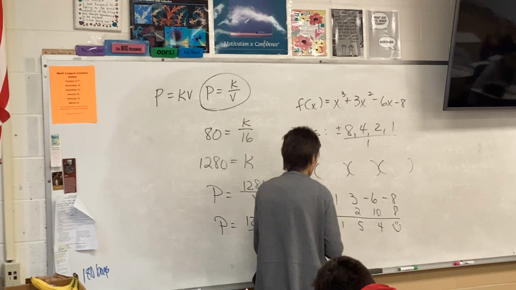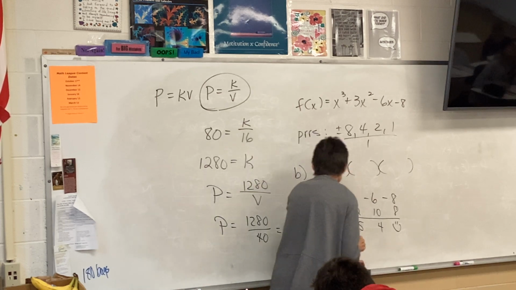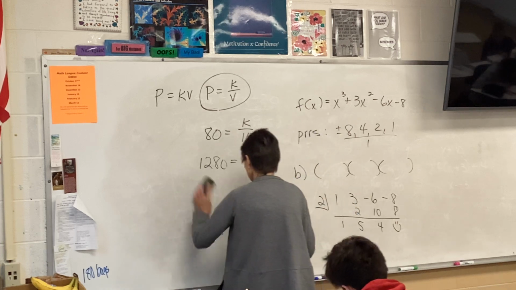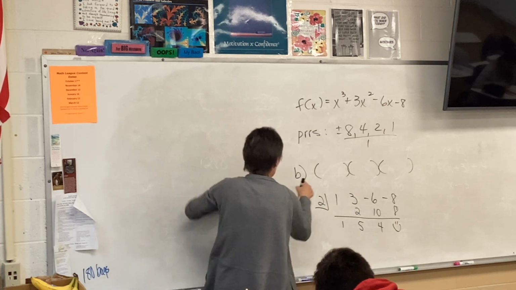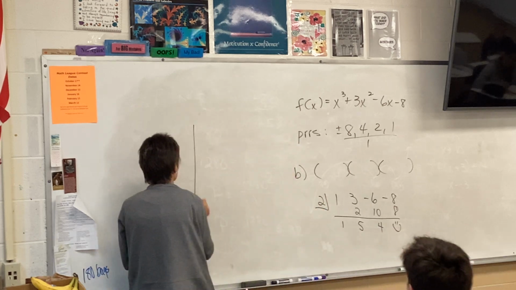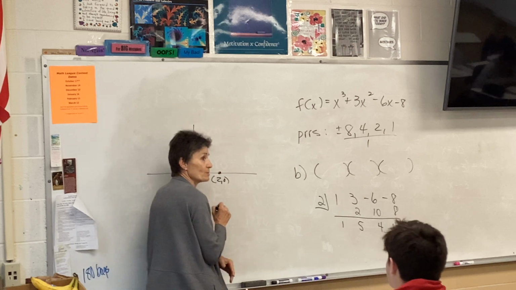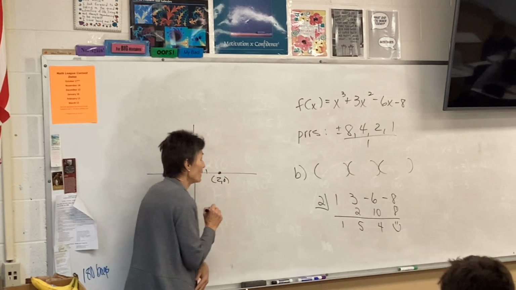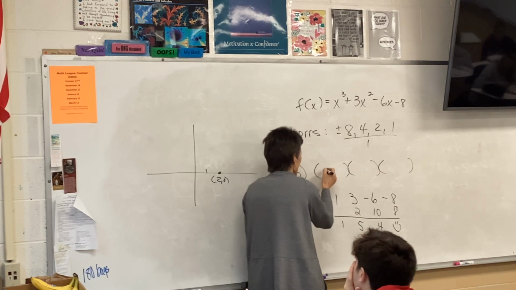So, what are my factors now? This says 2. In a minute, I'm gonna graph this, because it says I have to sketch it. So, the fact that 2 divided in means that 2 is one of my x-intercepts. What does that mean about my factor though? Because part B says write the factor, x minus 2.